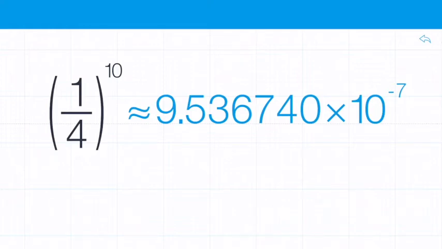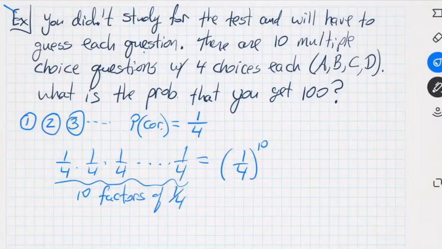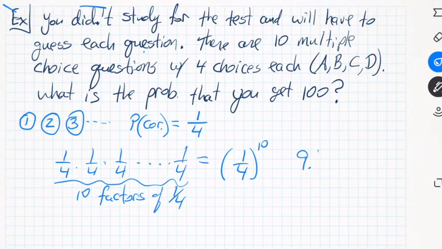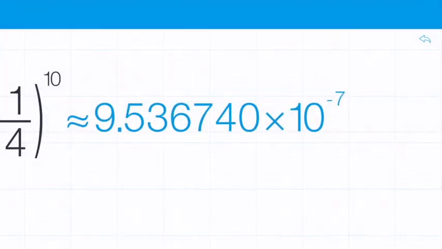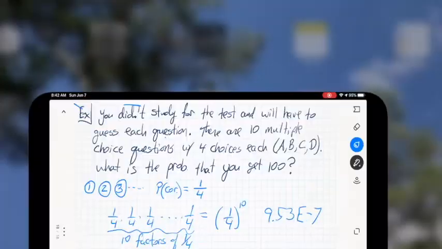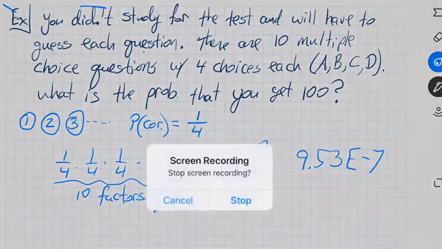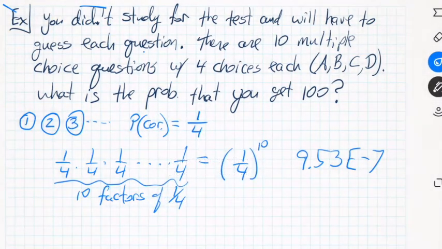So let me come back. 9.53 e negative 7. Make sure I rounded right. 9.54, because there was a 6 after it. 9.54 e negative 7.